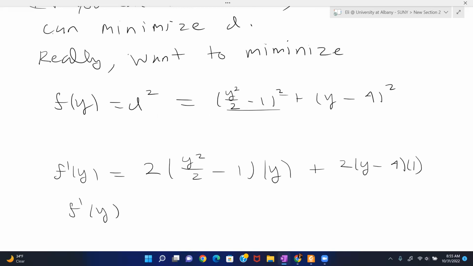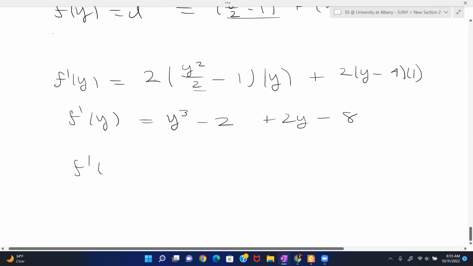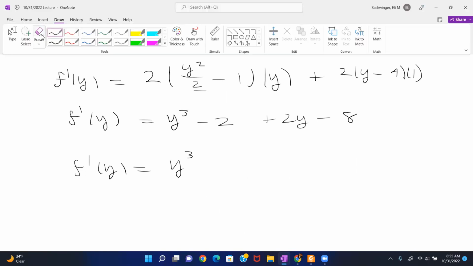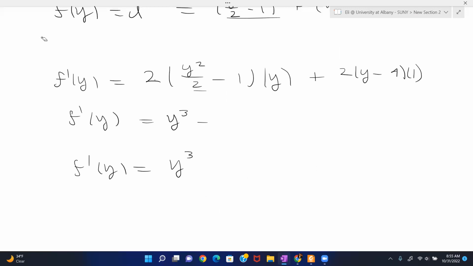So now this 2 cancels with this 2, and then we have a y squared times a y to get y cubed minus 2 plus 2y minus 8. And this looks a lot better. So we get y. Wait, why do I have this? Oh my goodness, okay. Sorry, I messed up a little bit, not that bad though.